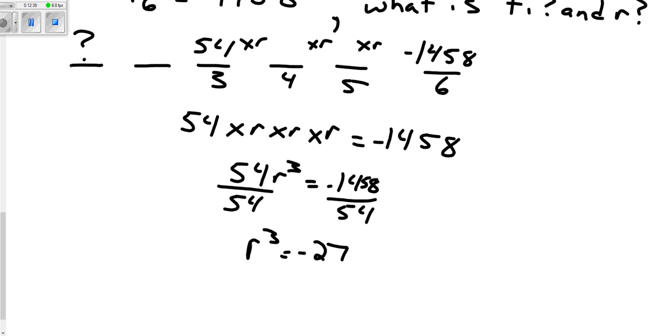Okay, so now, what's the opposite of cubing something? Square root? Not square rooting, but because it's cubed, right track, Sam, cube rooting.